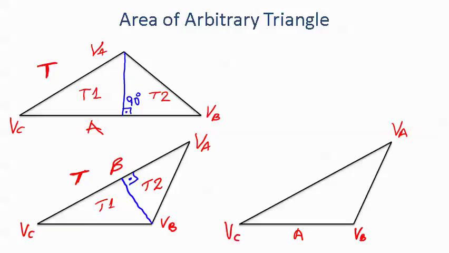The side A will not intersect the perpendicular from vertex A. So what we are going to do, we are going to extend side A until the perpendicular from the vertex intersects the extension.